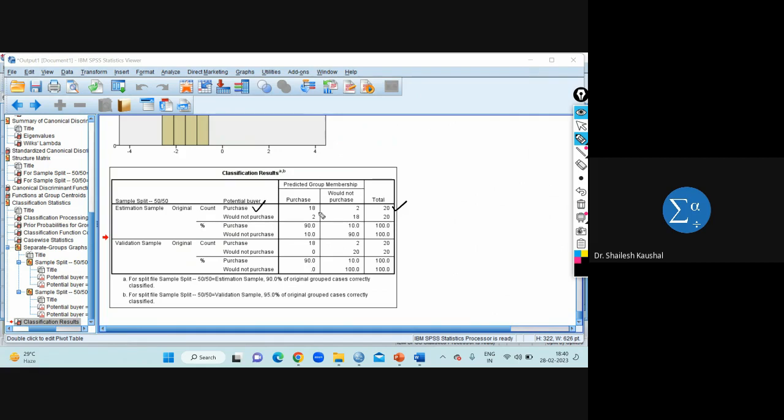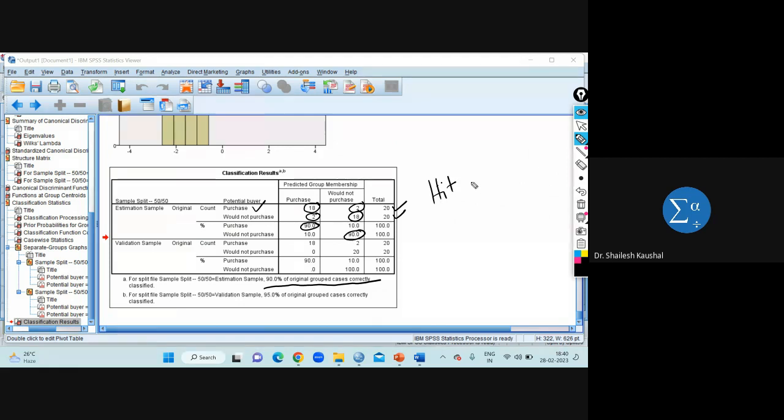Out of the 20 people, my model is saying 18 people will buy the product and 2 people will not buy the product. If we take it in percentage, my model is 90% fit. And for would not purchase, we took 20 people, and out of them 18 would not purchase and 2 are purchasing the product. Again 90%. So here we can say 90% of the group is correctly classified.